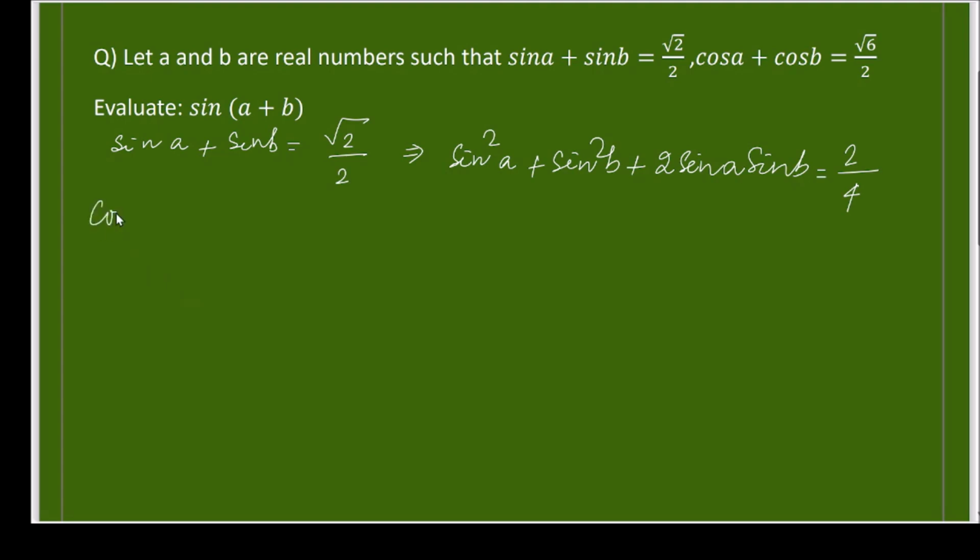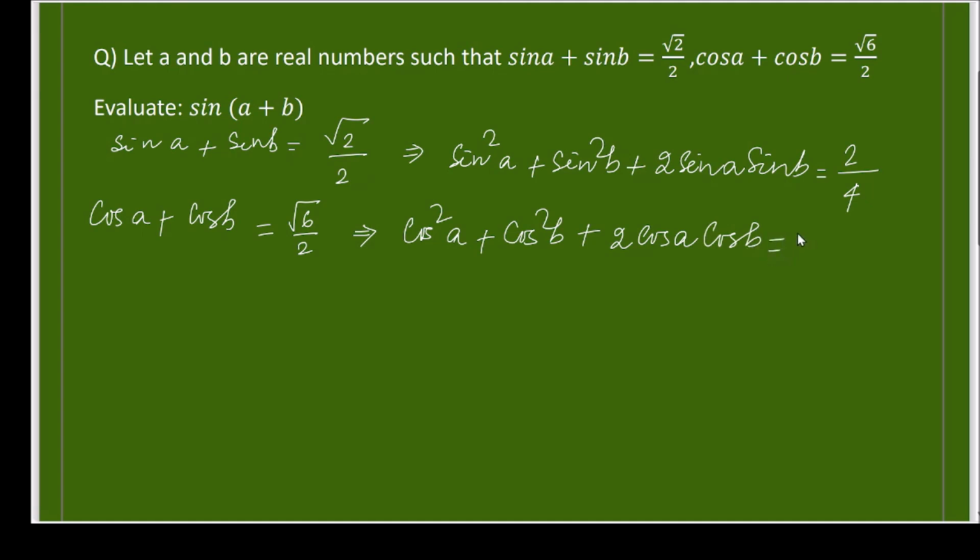Similarly, the second equation is cos of a plus cos of b is equal to square root of 6 by 2. Squaring both the sides, I'll get cos square a plus cos square b plus twice cos a cos b is equal to 6 by 4. Now I'll add these two expressions.